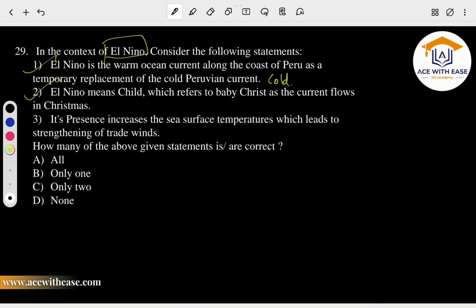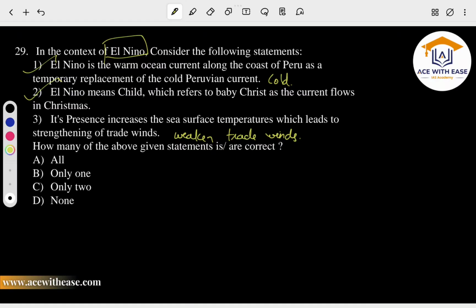Third, its presence increases the sea surface temperatures, which leads to the strengthening of the trade winds. No, this is wrong. El Nino actually weakens the trade winds.